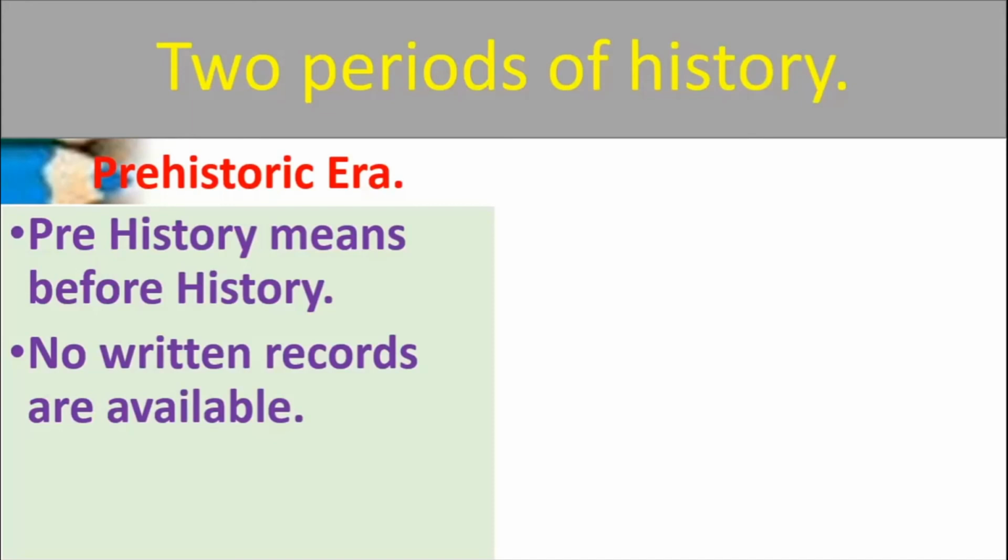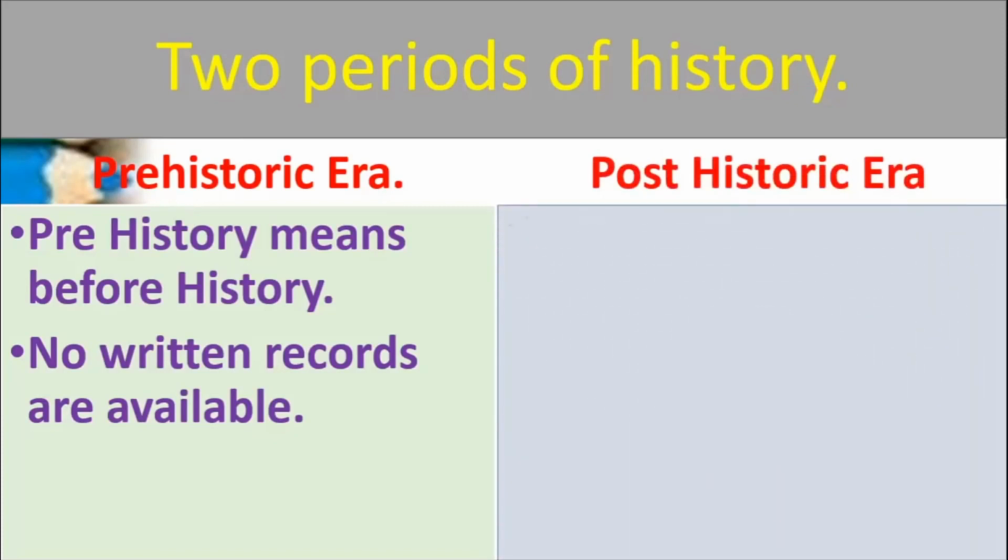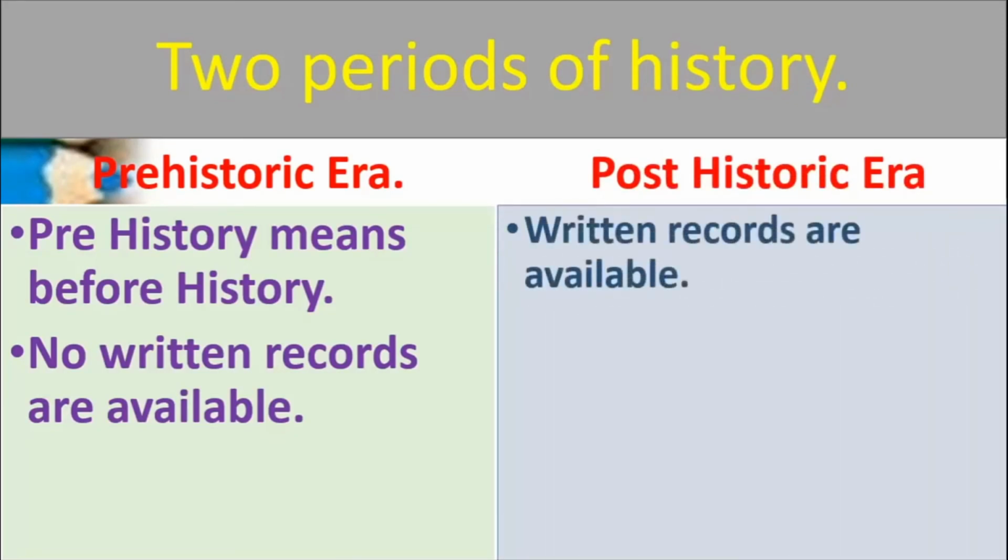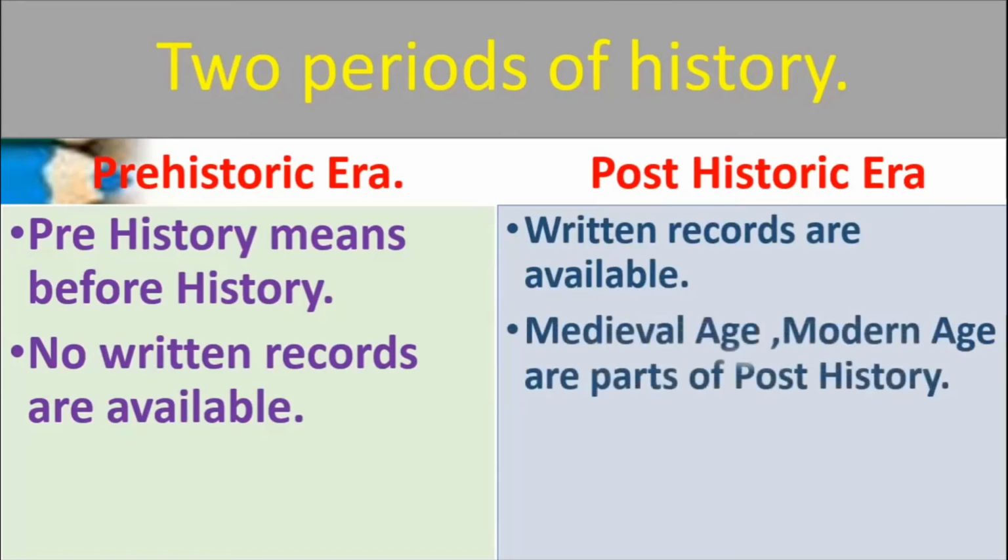So no written records of prehistory is available with us. And then we have the post-historic period where we have written records and people knew how to write, so written records are available, and the medieval age, modern age, etc. are all parts of post-historic era. So these are two things, children, about the various historical periods.